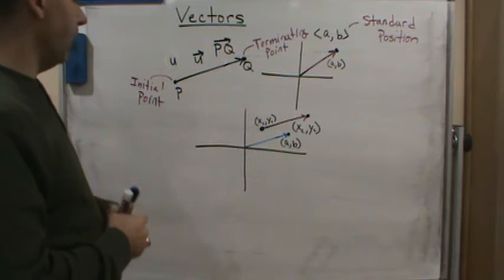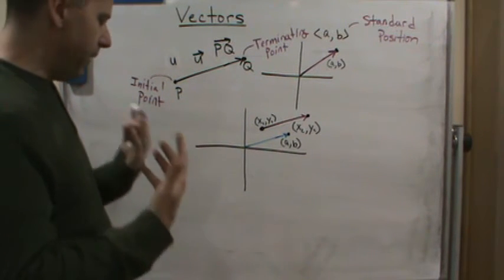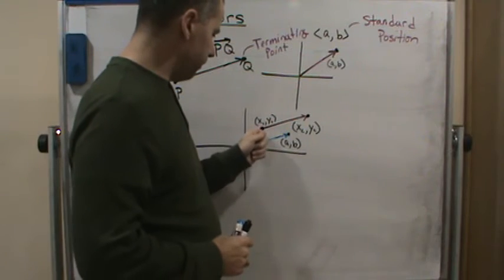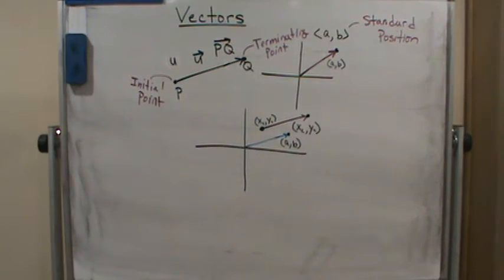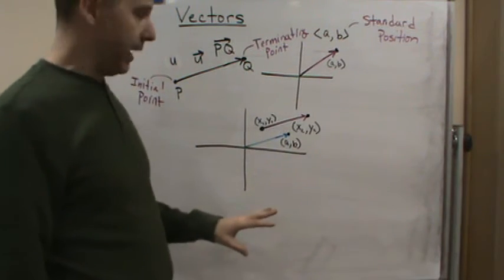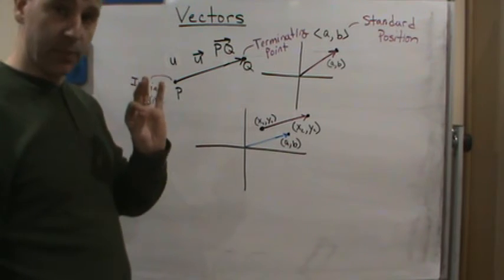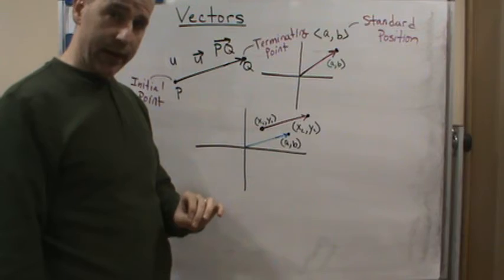Now, if I'm given some vector with 2 points, so let's say I have an initial point and a terminating point, I can write any vector as a position vector by just subtracting corresponding x values and corresponding y values.